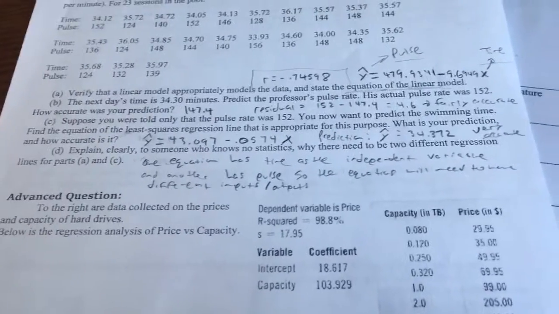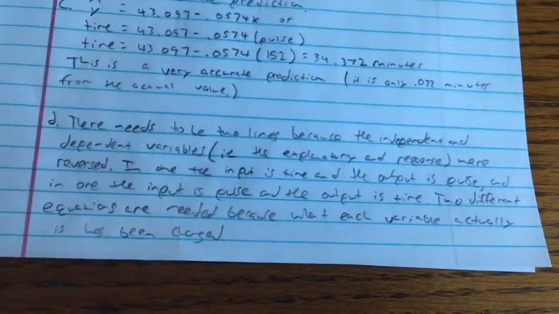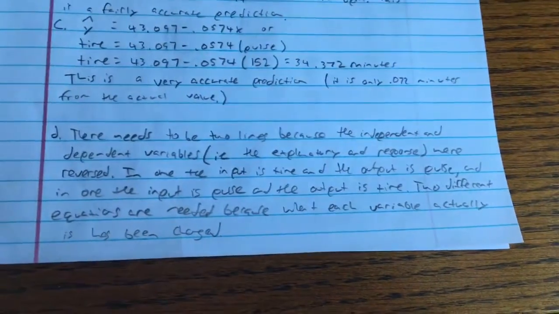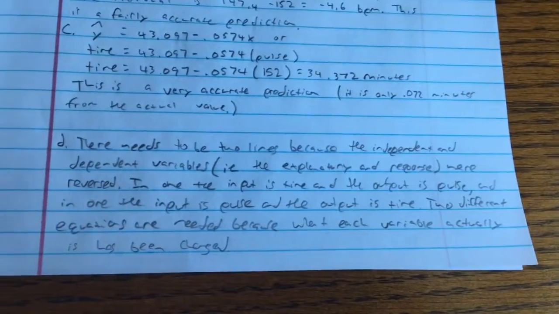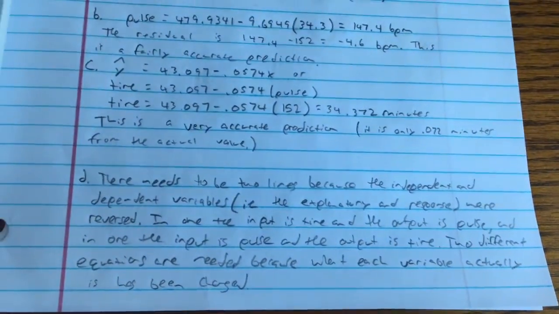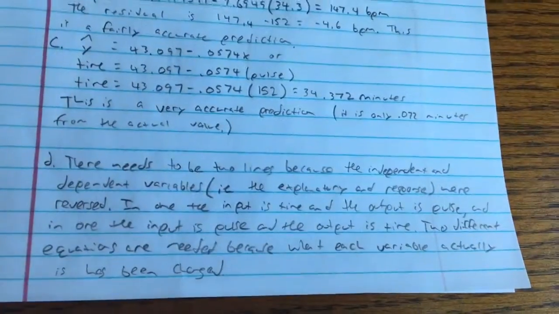So finally, Part D asks us why there needs to be two regression lines. The reason pretty much boils down to the fact that the explanatory and response variables, your x and your y, were switched. In one, time is the input, and in the other, your pulse is the input.